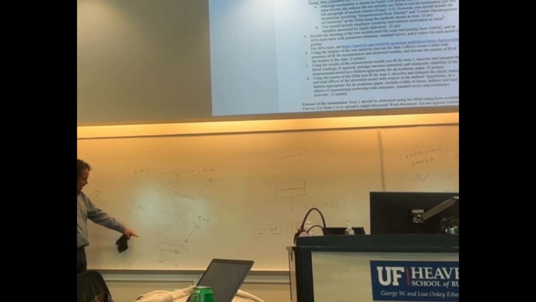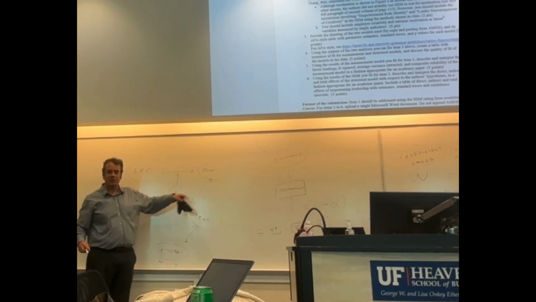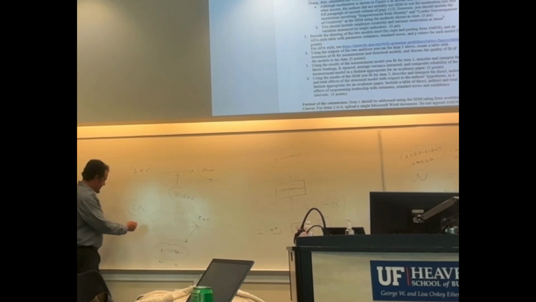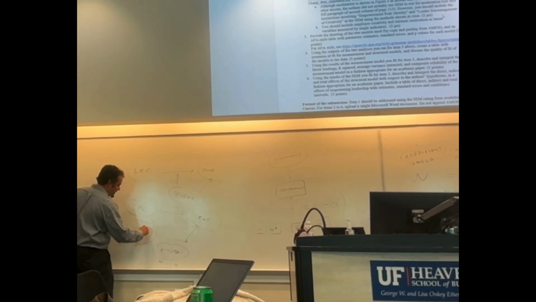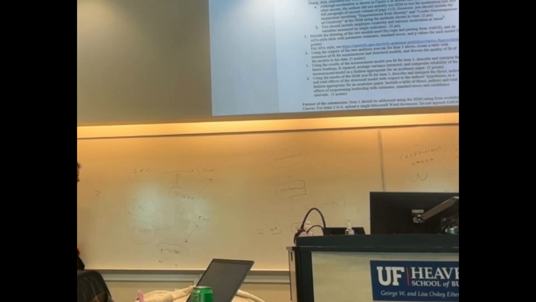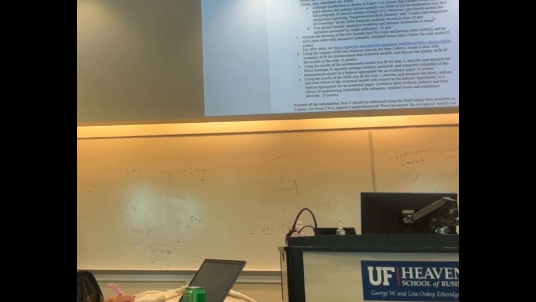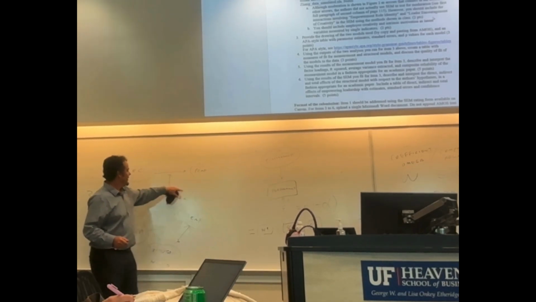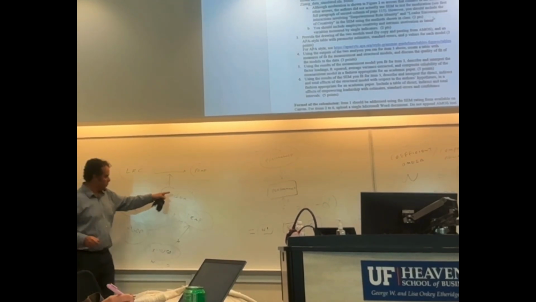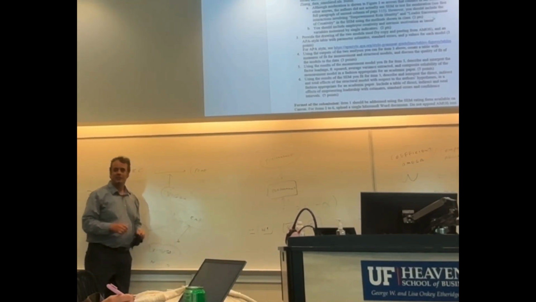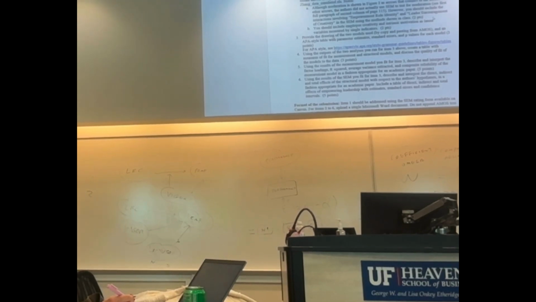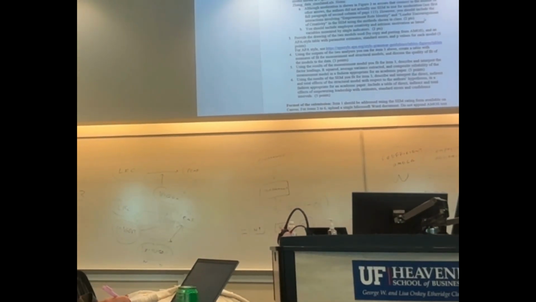If you have an interaction, the interaction should be above and beyond the direct effect. So don't forget to add the direct effect in addition to the interaction. I guess the reason people forget is because they get caught up in the drawing and forget there should be a direct effect here as well. Even if you don't have a hypothesis about it, even if your hypothesis is just about the interaction.